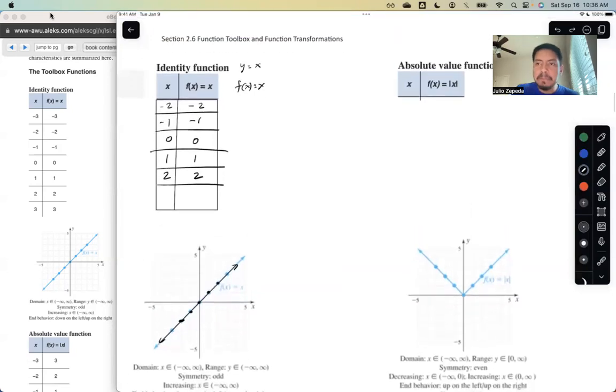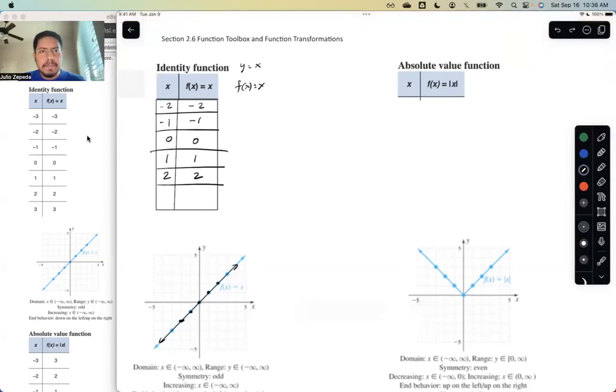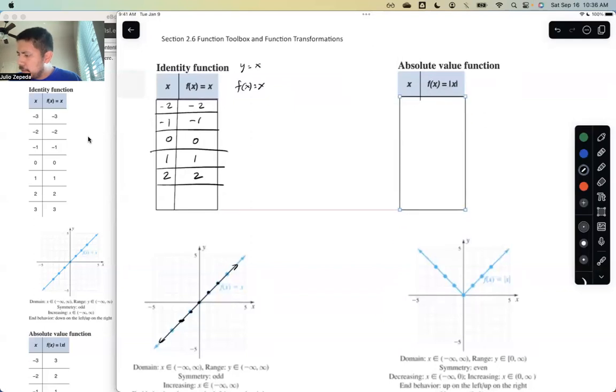Same thing with the absolute value function. We'll make a table for it, and it's pretty simple. You get an input, you take the absolute value of that input, and that's your function.